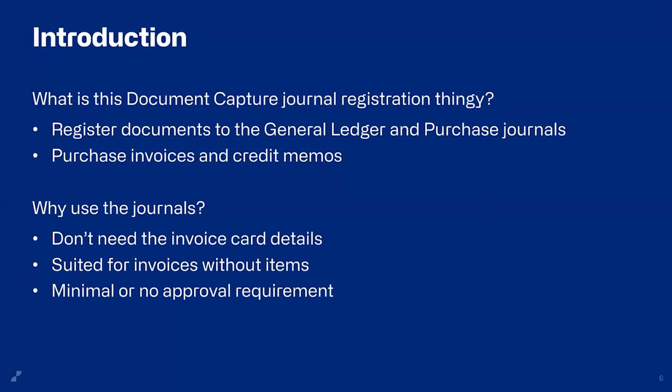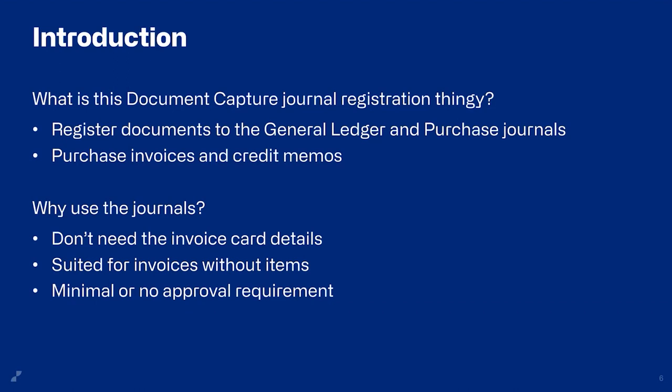Creating purchase invoices or credit memos, the purchase invoice cards and credit memo cards allow you to submit the documents to a great deal of approval processes. But with the journals and journal entries, it's a bit of a different story. There's not much to choose there. There is, though, in Business Central built-in minimal approval functionality.